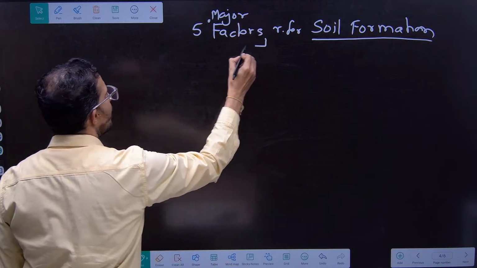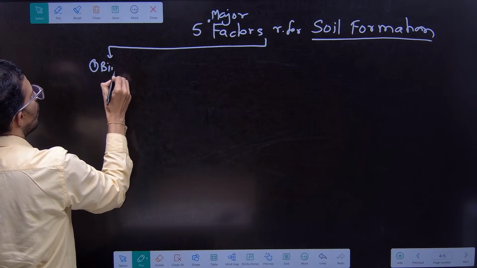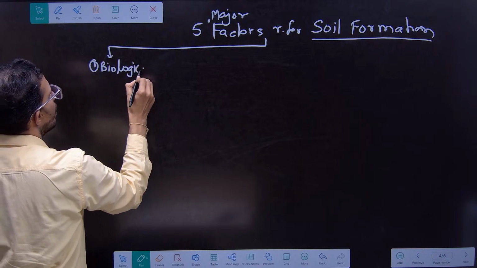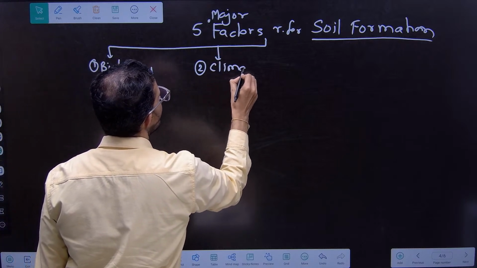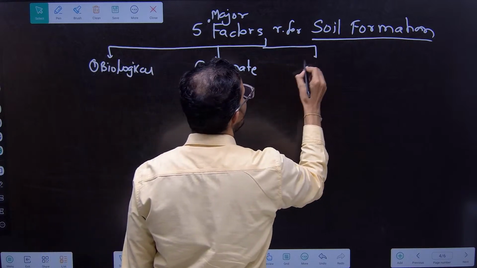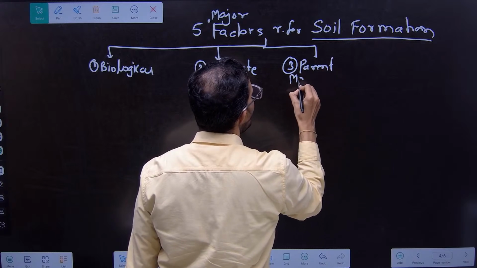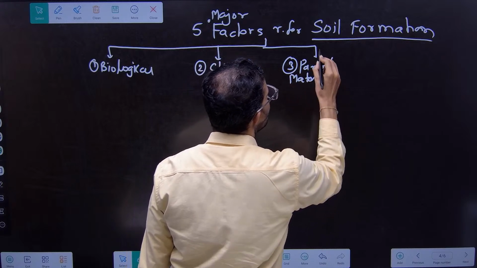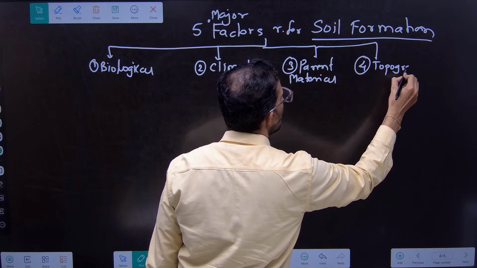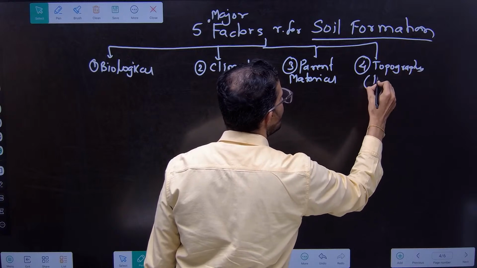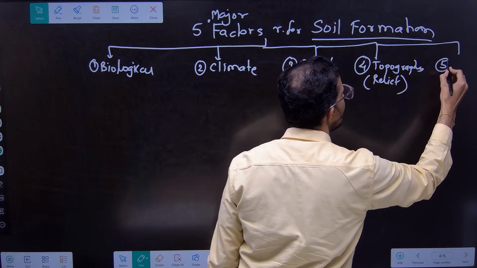Which are those five factors? The first one is the biological, second one is the climate, third one is the parent material, fourth one is the topography or the relief, and the fifth one, which one? The time.